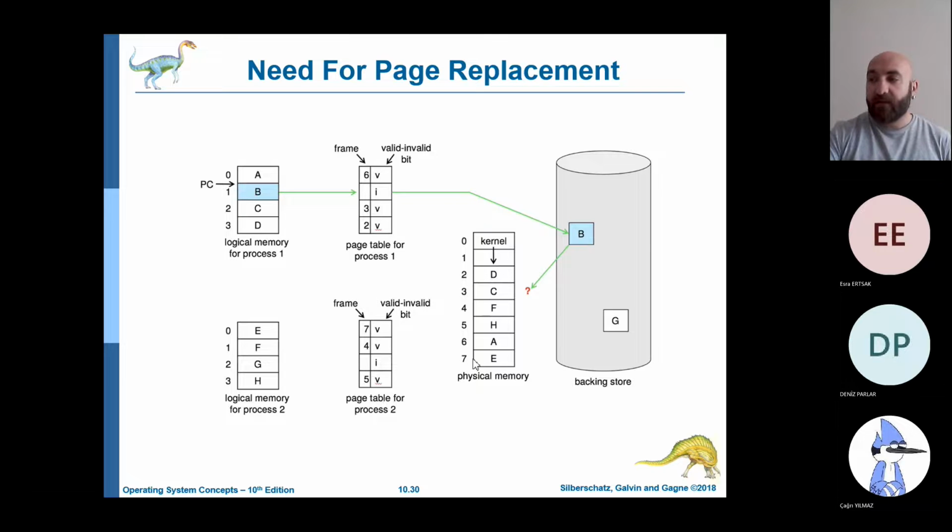Let's assume that we page out E. In that case, in this example it is frame 3, I have to copy that page, actually swap it out to the backing store, and I have to set that valid bit as invalid, and then I can move the new page to the freed frame. Also, I have to update this list. Okay, now B is in, let's say, frame 5. So this is why we need page replacement.